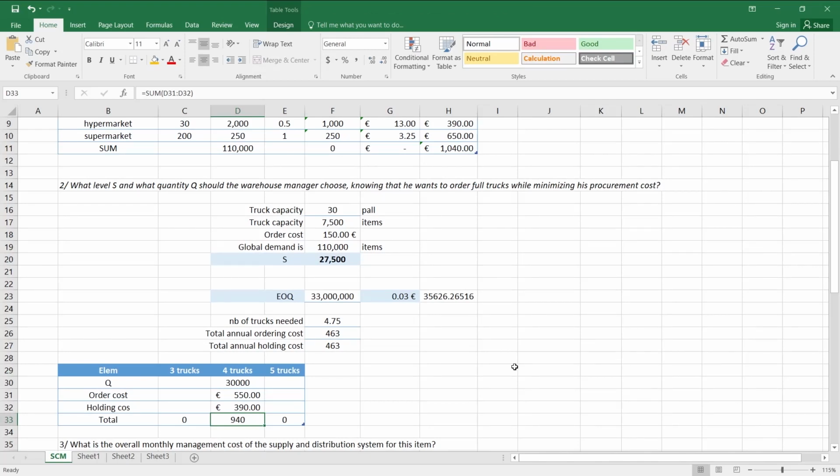So we are going to duplicate the same calculations for the 5-truck solution. So for the 5 trucks option, the ordering costs are equal to the monthly demand times our ordering costs divided by the economic order quantity related to the 5 trucks.